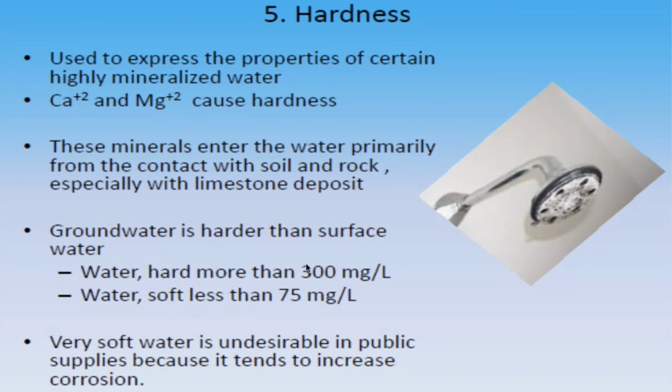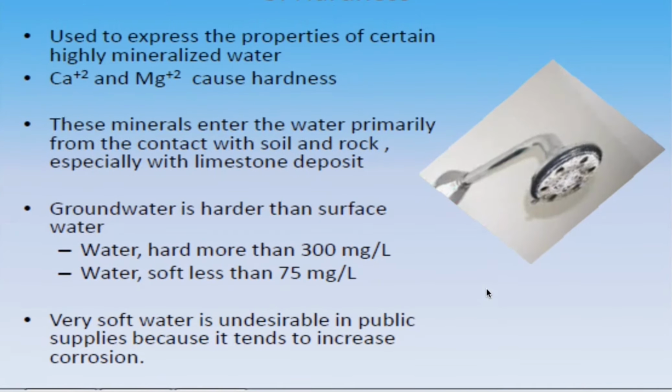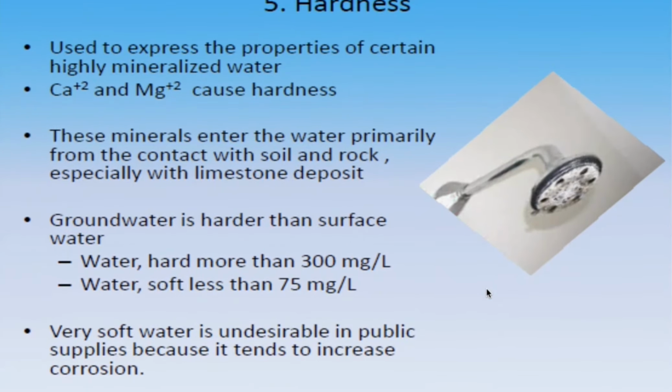So yan. And hard water has more than 300 milligram per liter. And soft water has 75 milligram per liter. Kasi in the industry, they use soft water. What is soft water? Again, soft water is one whose hardness is 75 milligram per liter.